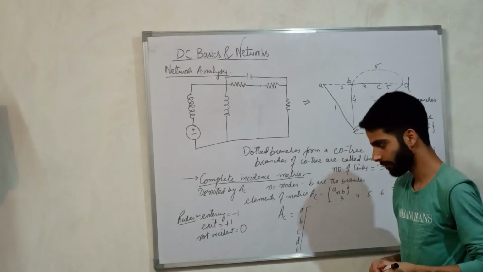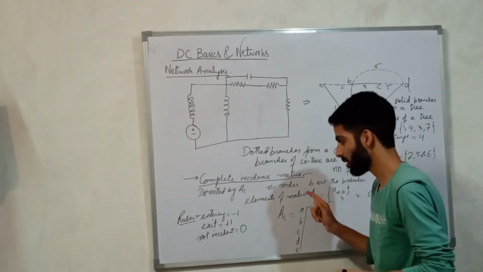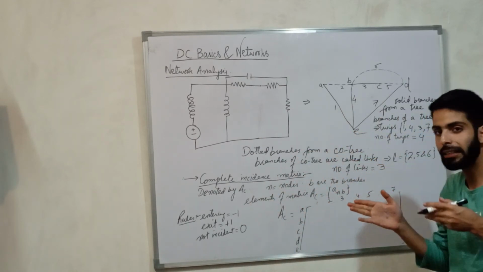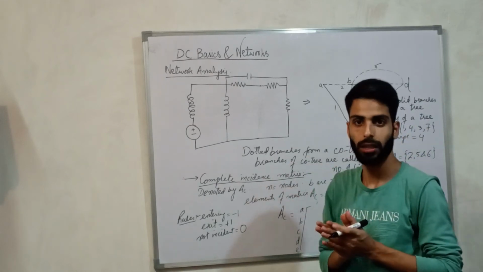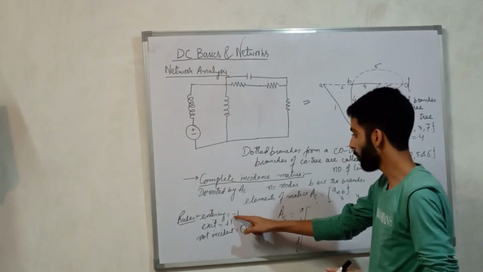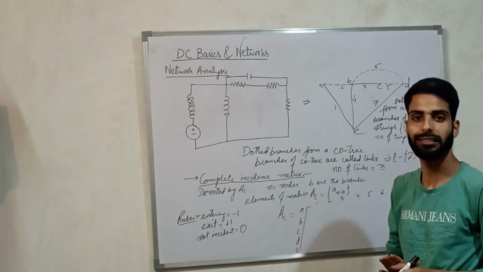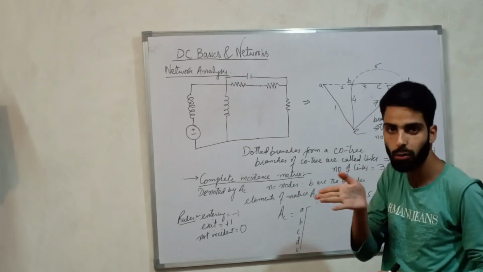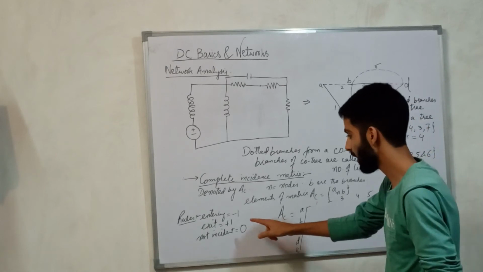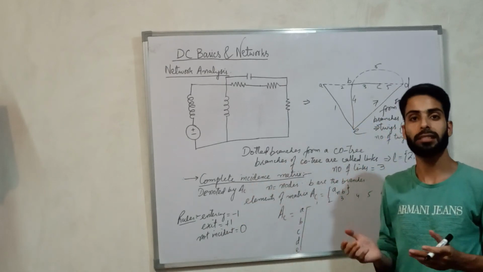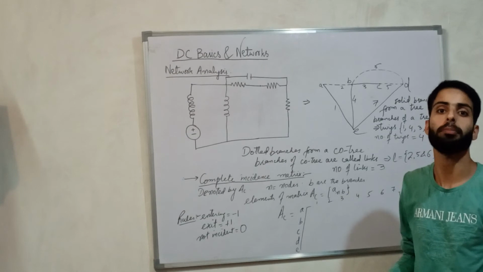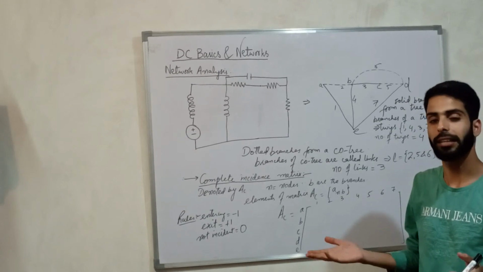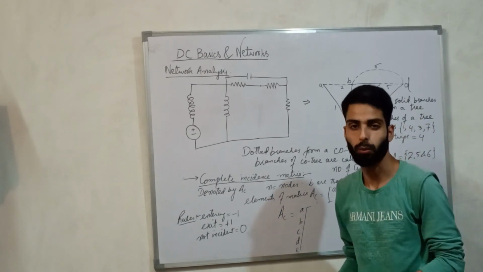What does that mean? Suppose some branch is entering into a particular node, then we will mark -1 against that. If some branch is exiting, going out from a particular node, we will write +1. And if some branch has no link with any particular node, then the entry will be 0.